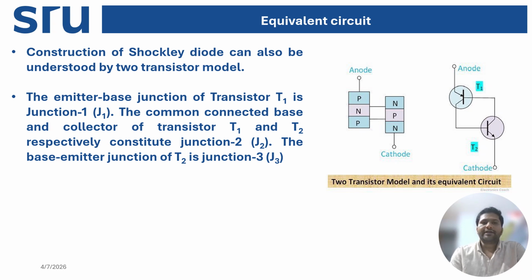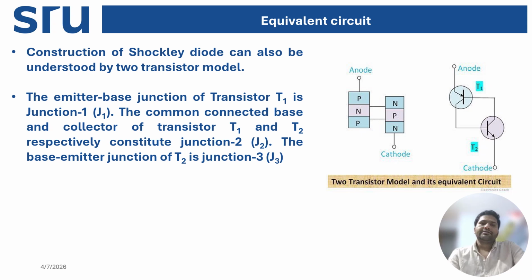So the key understanding for this structure is that initially the device is in the off state. Once triggered, both transistors turn on simultaneously, and the device enters a conducting on state. So this important model, the two transistors, helps us understand the switching behavior of the PNPN diode.